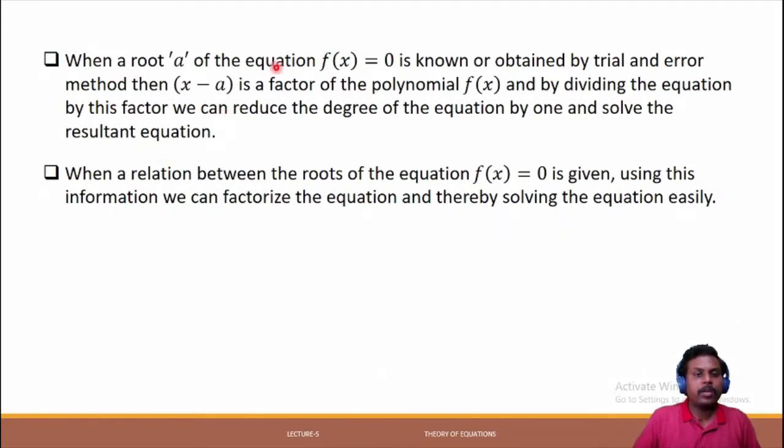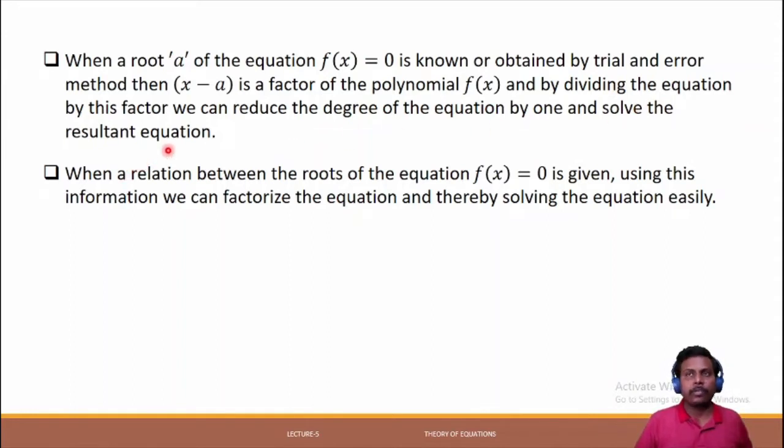So when a root a of the equation f of x equal to 0 is known or obtained by the trial and error method, then x minus a is a factor of the polynomial f of x, and by dividing the equation by this factor, we can reduce the degree of the equation by 1 and solve the resulting equation.